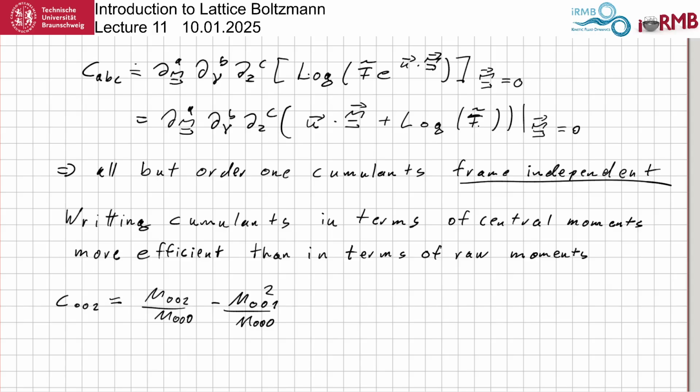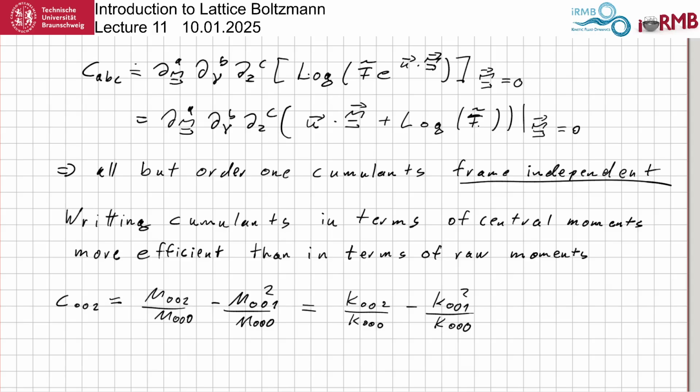So we can write the same equation in the centered frame, just replacing M with K, because it is not depending on the frame. So it's K200 divided by K000 minus K001 squared divided by K000.